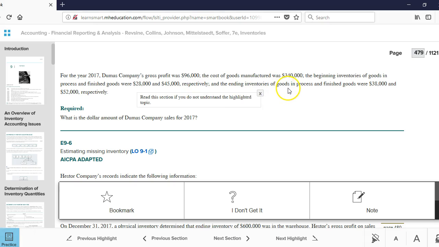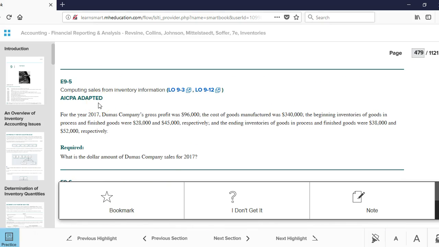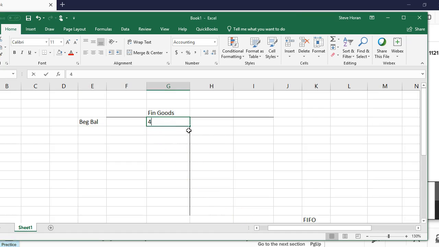Ending inventories of goods in process and finished goods, 38 and 52. And the beginning amount was right here, 45. So finished goods beginning 45, finished goods ending was 52. And then the ending balance, we'll put that down here, was 52.